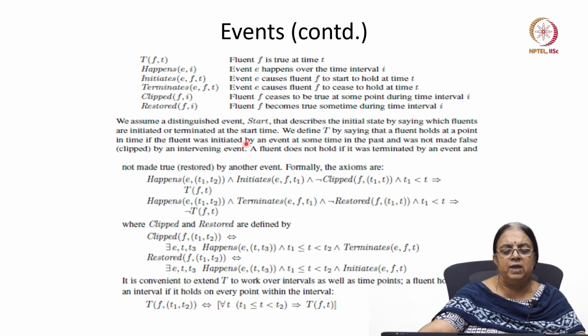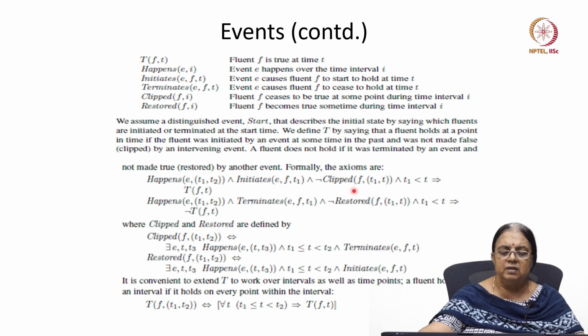So we can actually get all these things, the axioms. If an event E happens between T1 and T2 and it initiates a fluent F at T1, and it is not clipped between T1 and T, then you can say that the fluent is true at time T. And if an event happens between T1 and T2 and it terminates F at T1 and it is not restored, then it's not true.